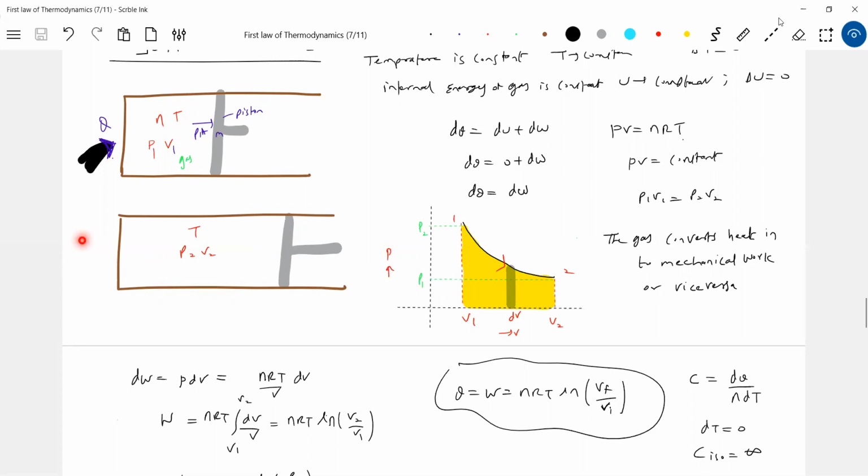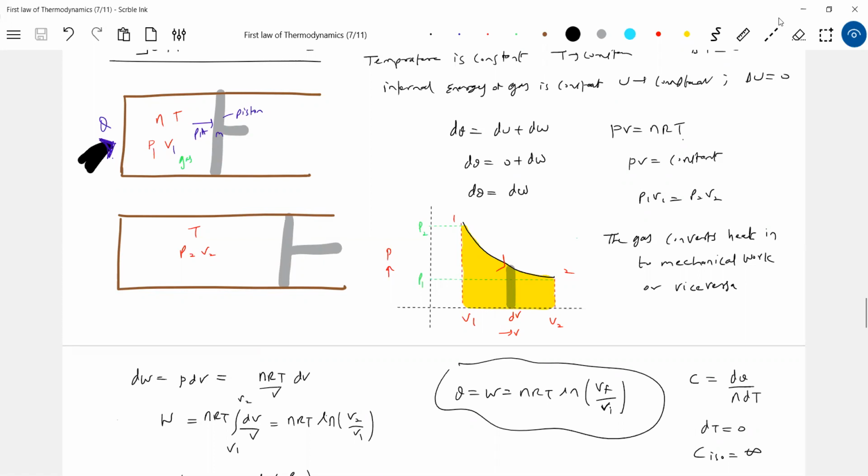Suppose it's winter and the water is cold. I want to take a bath early morning, so I need hot water. Shall I use this mechanism? I'll move the piston and do mechanical work. The gas will convert mechanical work into heat. That heat will be given to the cold water, and it will become warm or hot. I'll take a hot water bath.